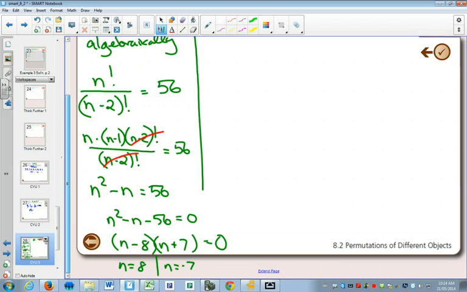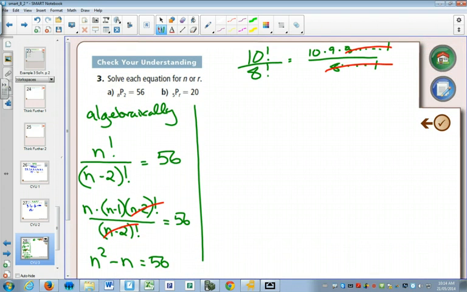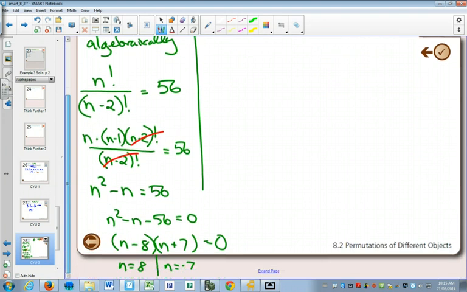Another thing you're going to have to do is check these to see if they make sense. Factorials only work for positive numbers and for 0. So if I put in minus 7 in here, minus 7 factorial doesn't make sense. So this one is an extraneous root. And that's how you would solve that one algebraically.